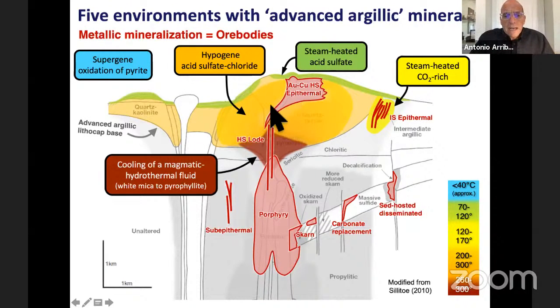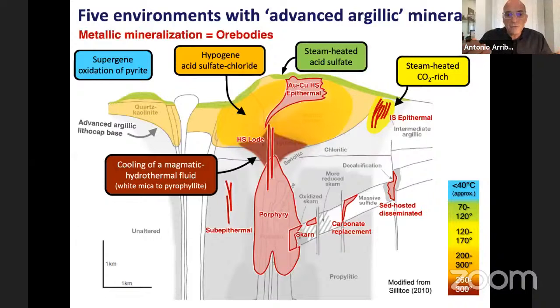But I cannot say it's post. What you can see is native sulfur, for example, at the La Coipa case, native sulfur filling the empty spaces in the residual quartz, in the vuggy silica. Well, there is clearly a timing relationship there.